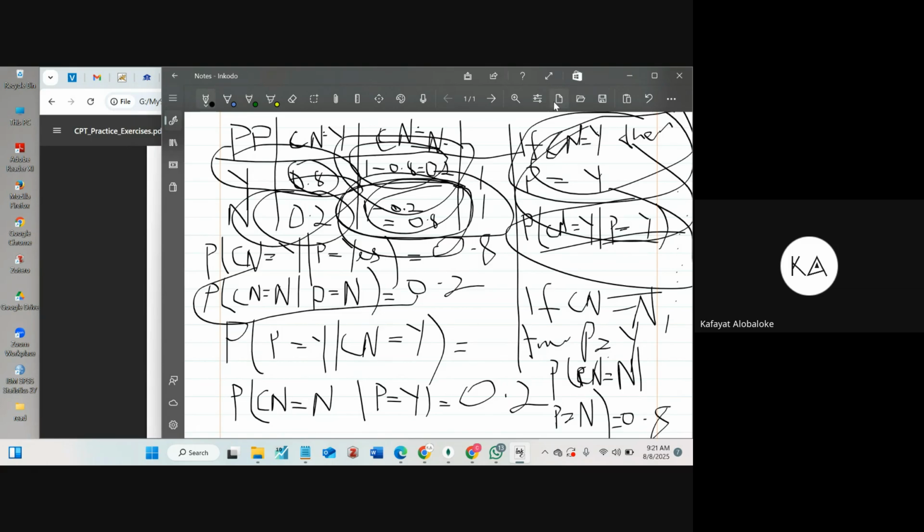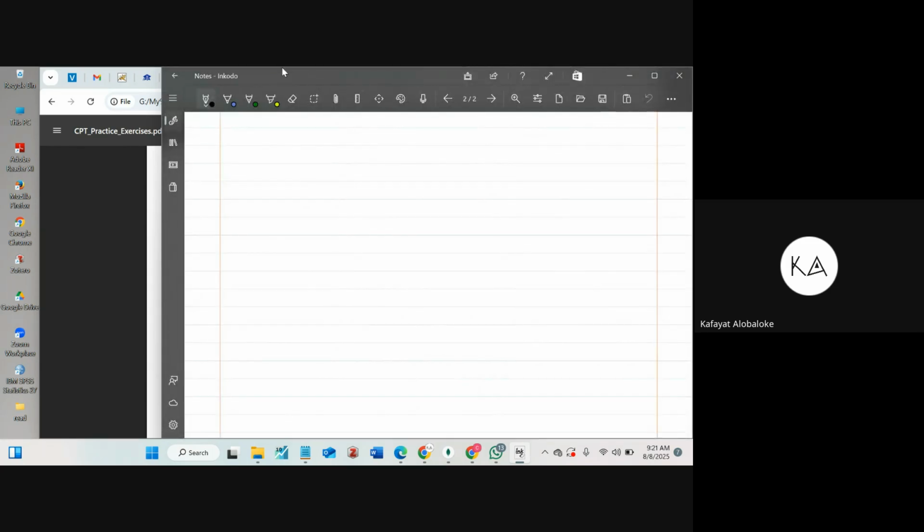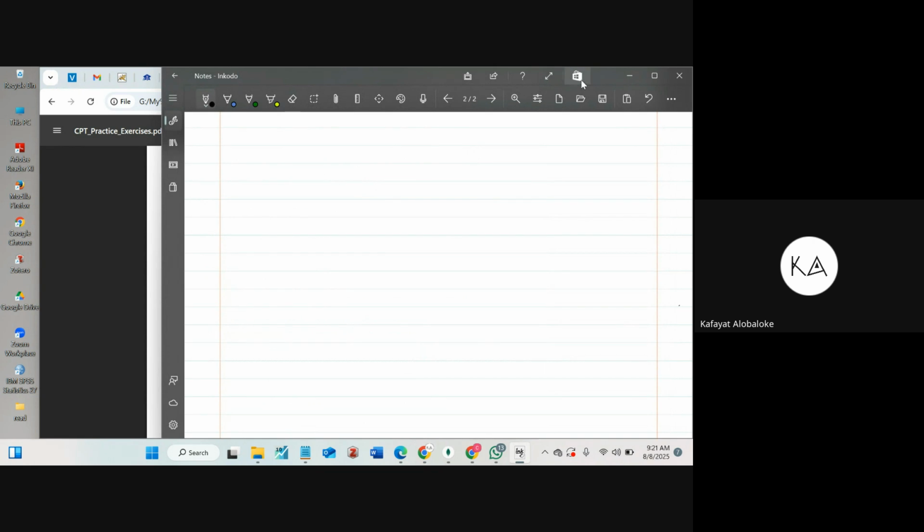Okay, so let me create a new slide. The next question tells us to interpret what the table is suggesting about punctuation and capitalization.